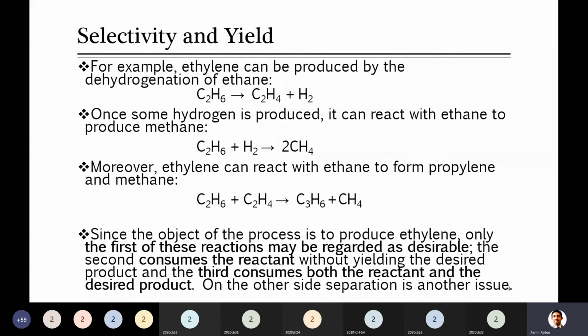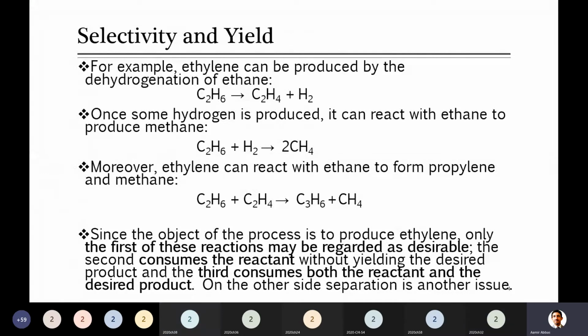So in this case, I am looking for yield. For example, if you have 100 moles of ethane entering the system, what do you think is the maximum amount of C2H4 which can be produced from this reaction? 100 moles. Everyone agrees? Yes, sir.